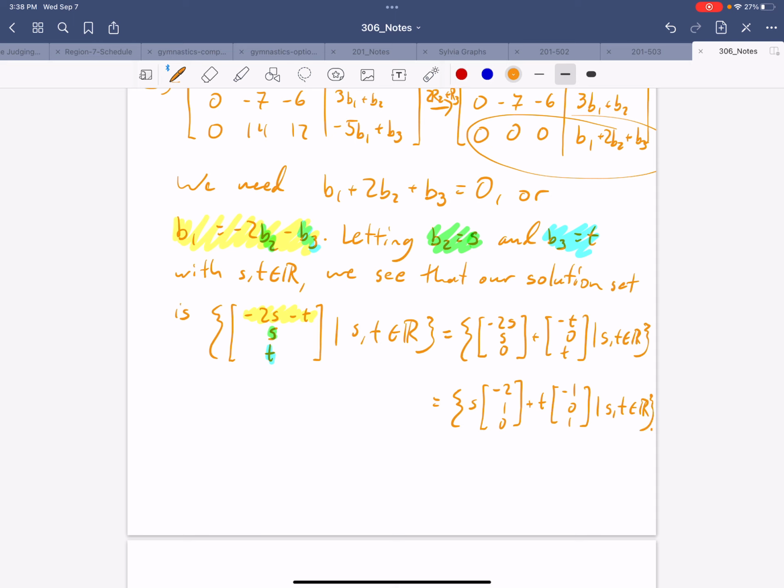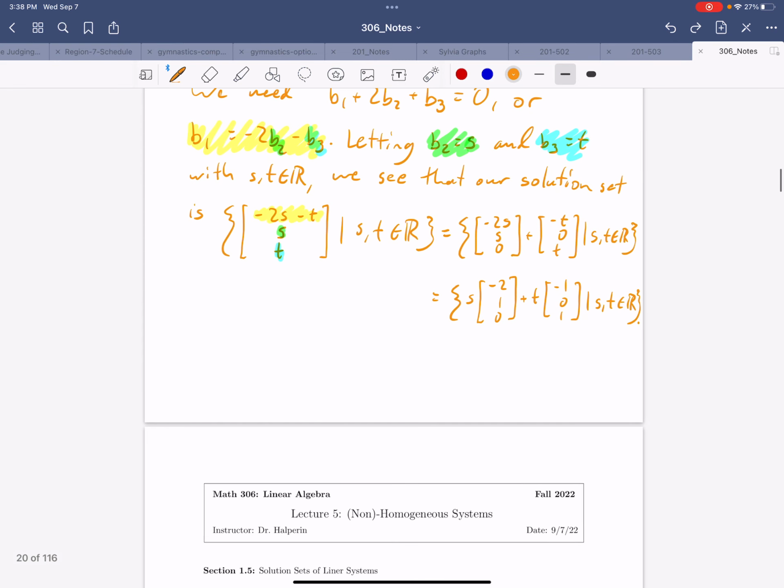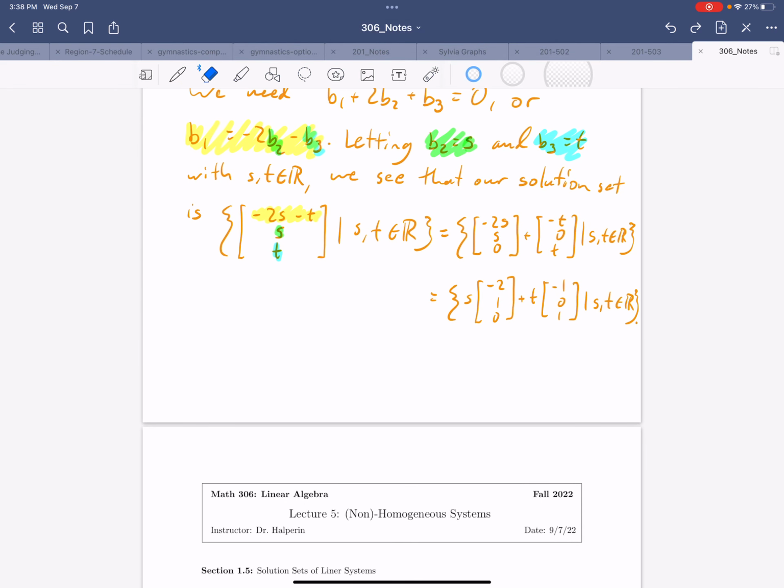Whew. Okay, now what exactly does this look like? This is a plane in R3, a two-dimensional plane in 3 dimensions.